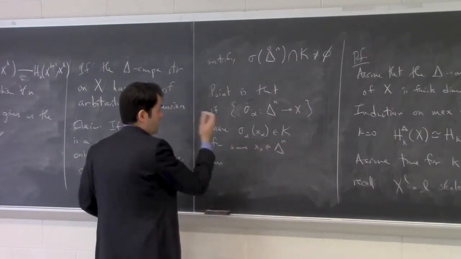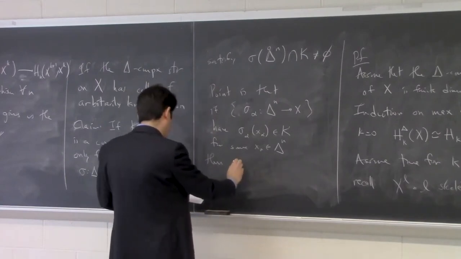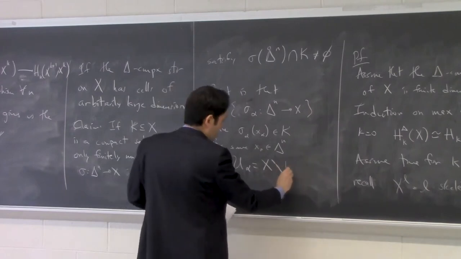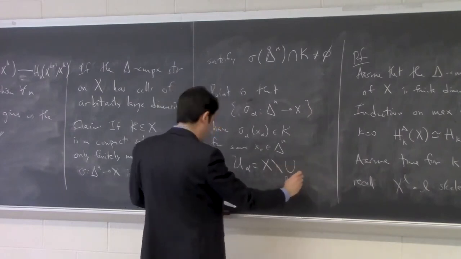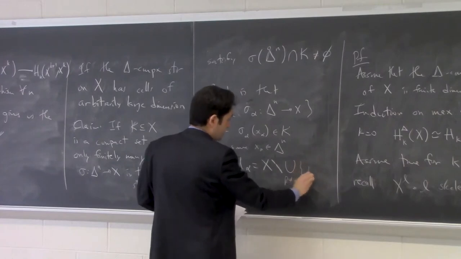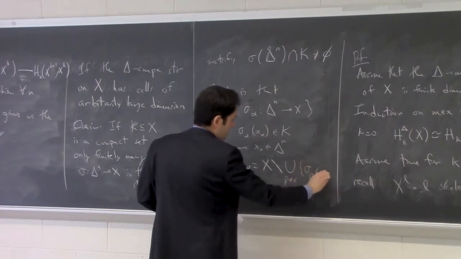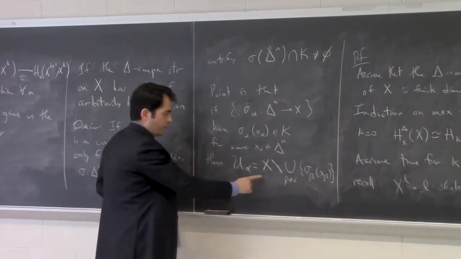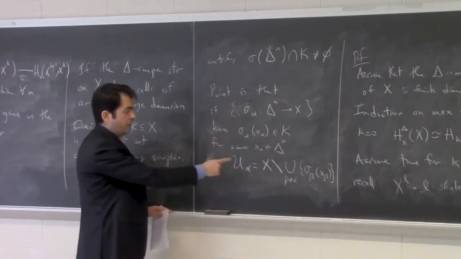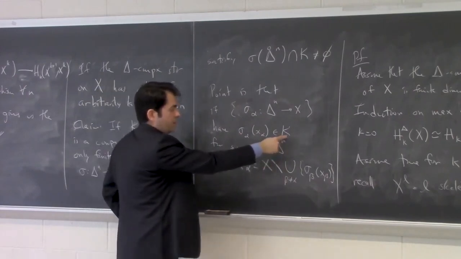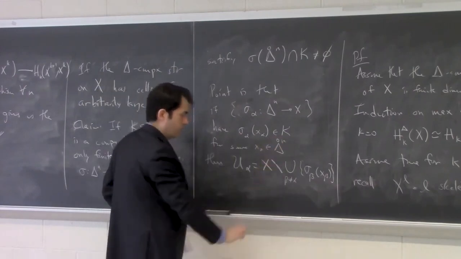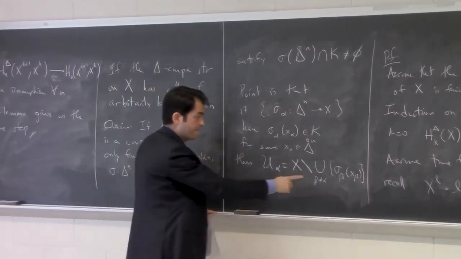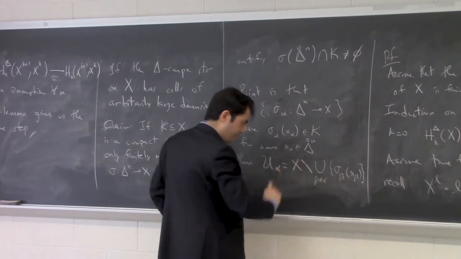Then you construct a cover U alpha equal to X minus the union over beta different from alpha of the images. All we're going to do is pick points that get mapped into K from the interior, and take the inverse of these.